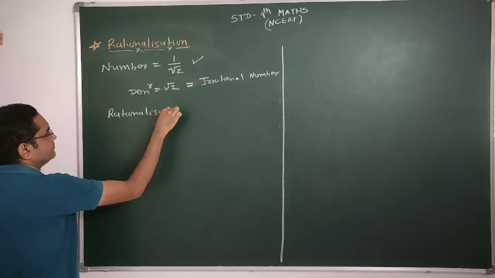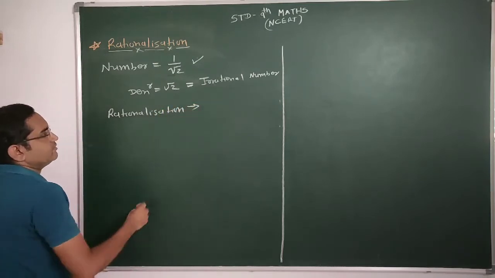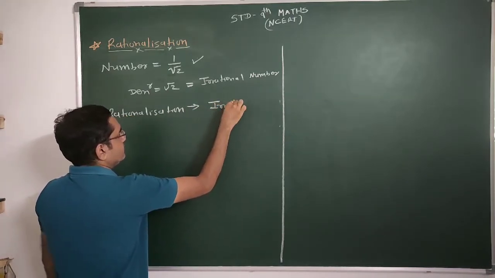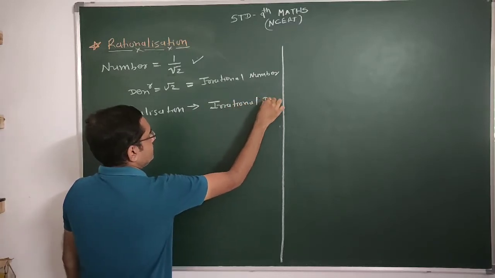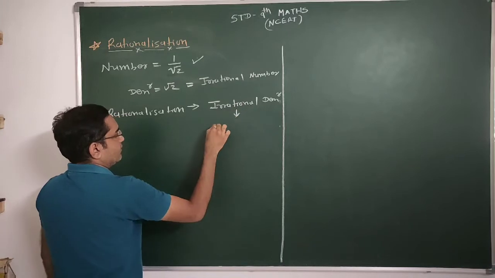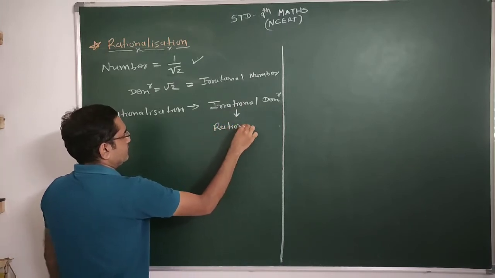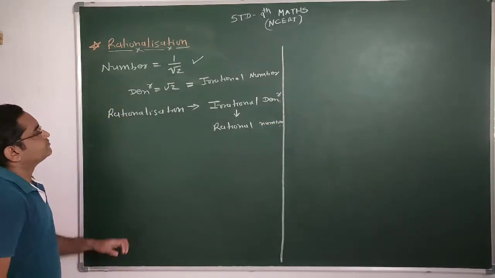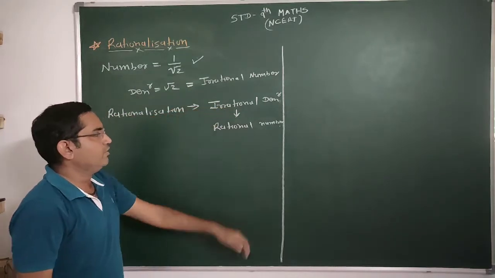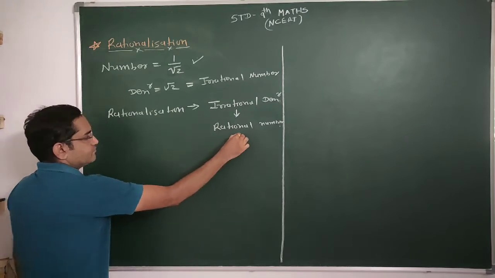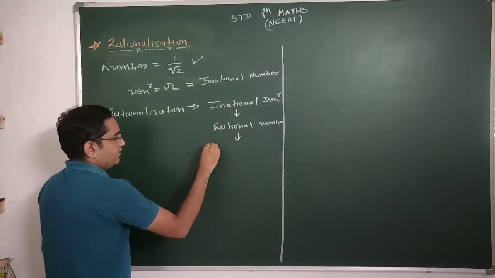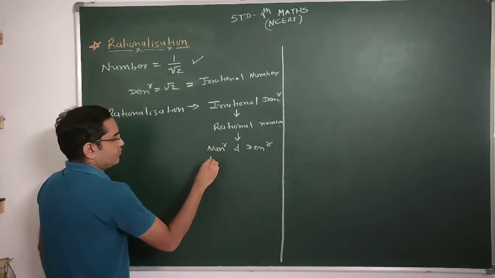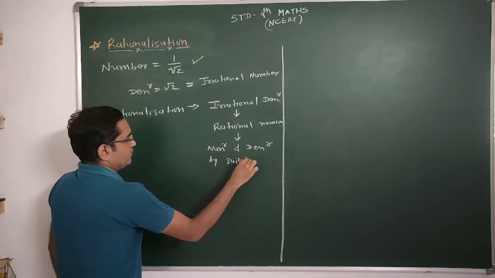Rationalization means we are converting our irrational denominator into a rational number by multiplying its numerator and denominator by some suitable number.